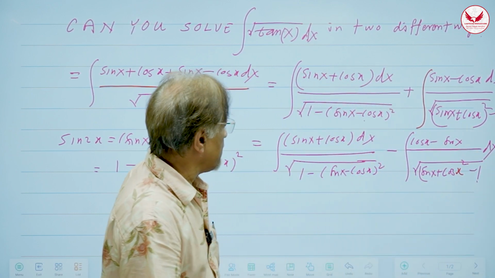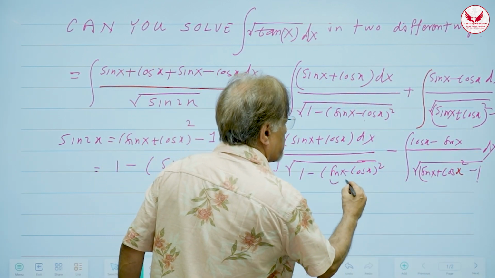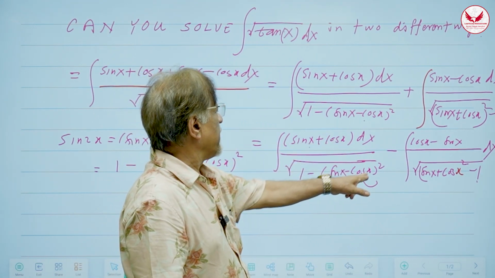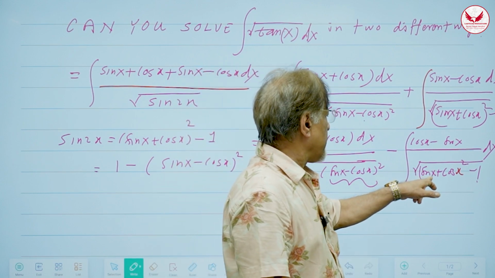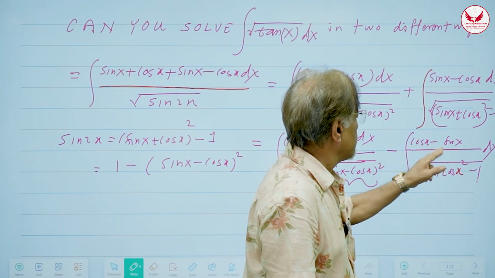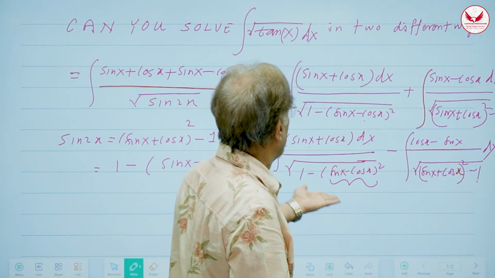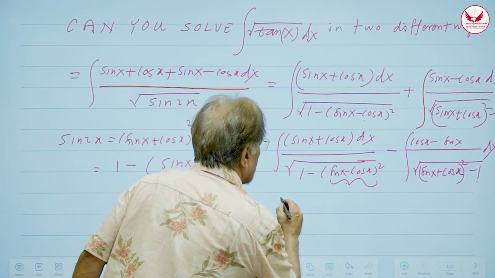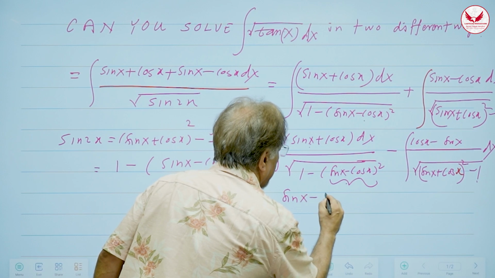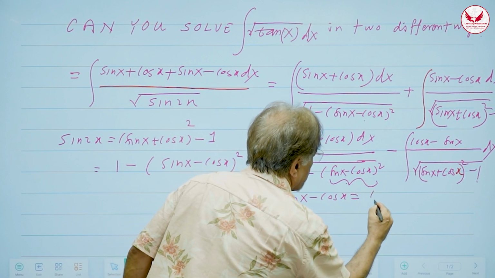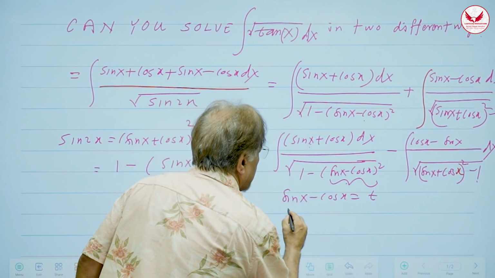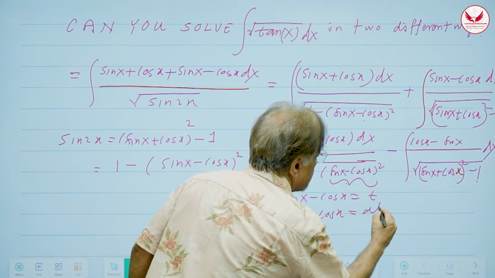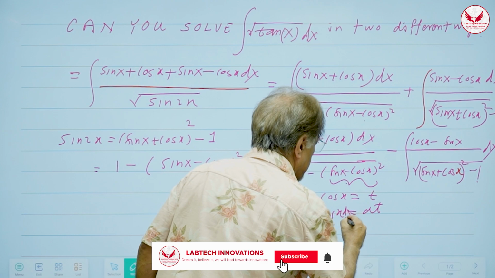Now you can clearly see the derivative of this expression is this. Derivative of sin x is cos x and derivative of minus cos x is sin x. Derivative of sin x is cos x, derivative of cos x is minus sin x, correct? So if I write sin x minus cos x as t, then (sin x plus cos x) dx becomes dt, correct?